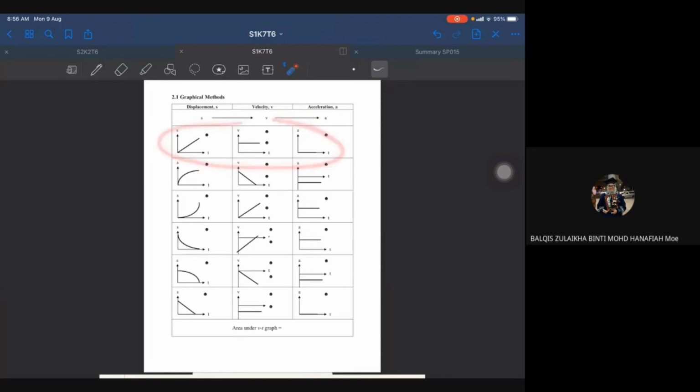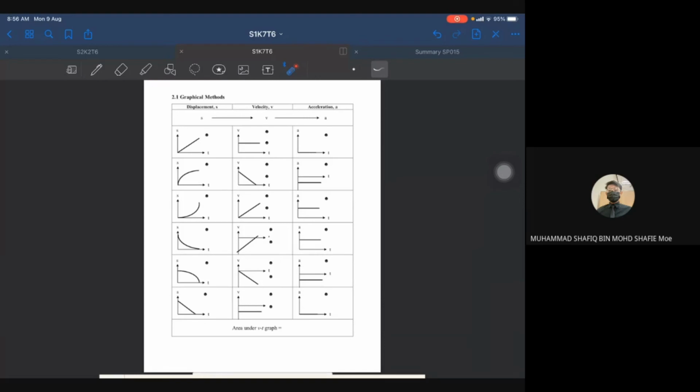Okay, yang ni maksudnya apa? Okay, cuba kita tengok satu lah. Let's say kita focus in this one. Okay, what can we say about the displacement ni? Positif. Positive. Okay.